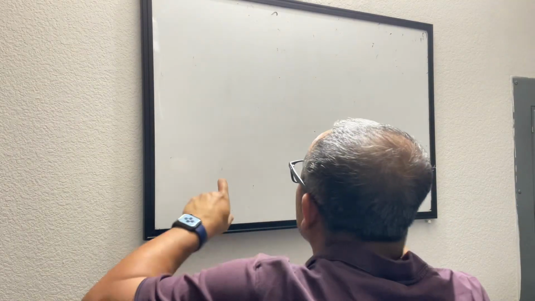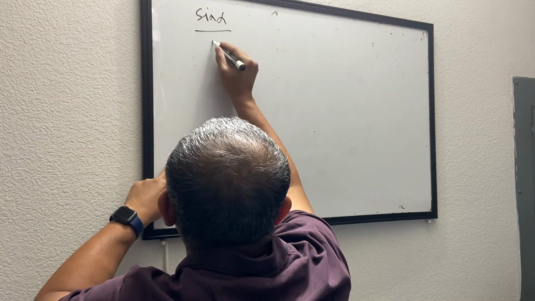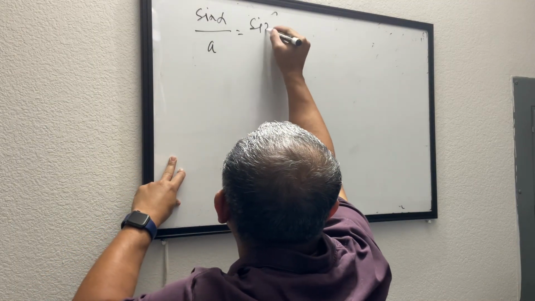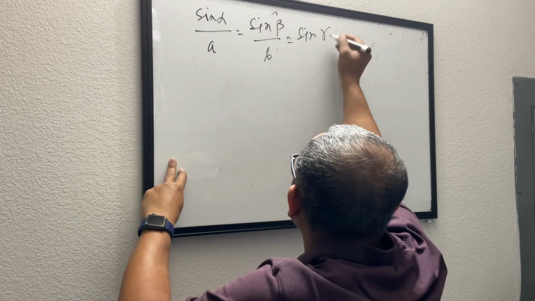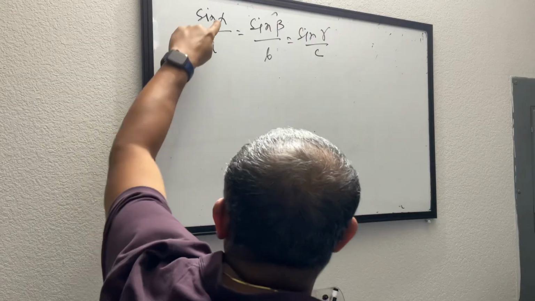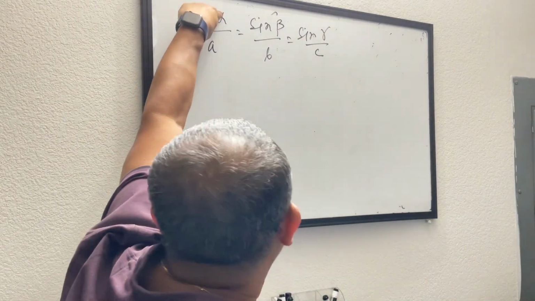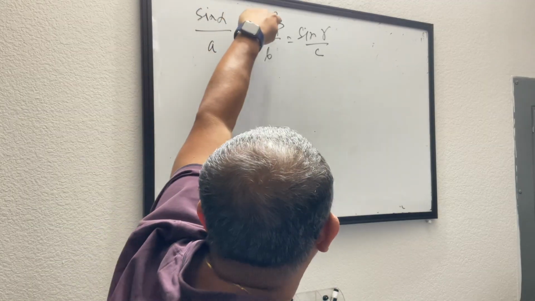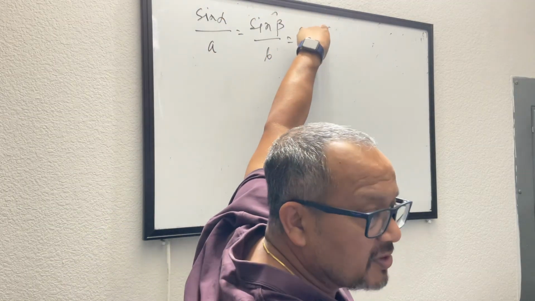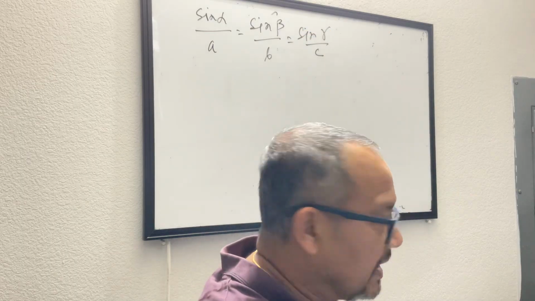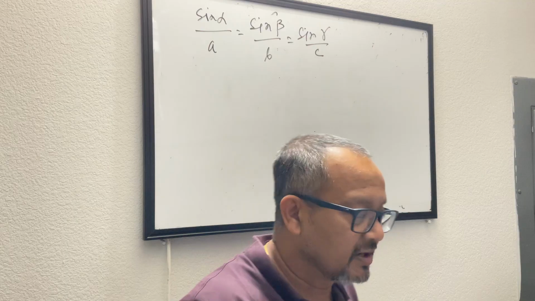Any triangle, law of sine says sine of alpha by A equals sine of beta by B equals sine of gamma by C. And again remember one thing, this alpha and A, this is the angle and this is the opposite side. This is the angle, this is the opposite side. This is the third angle and this is the side opposite to that. As long as you don't forget about the relationship between the angle and the side, you're fine.